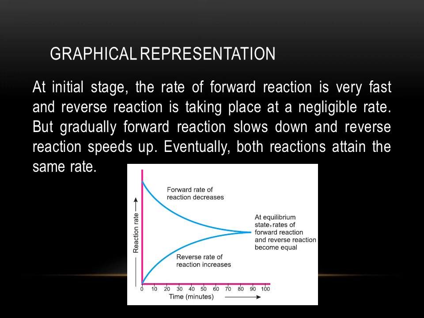But as time passes, products will form and the reverse reaction will start. Products will start changing into reactants. So with the increase in time, the rate of the reverse reaction will start increasing, and a stage comes when equilibrium is achieved, when the rate of the reverse reaction is equal to the rate of the forward reaction.